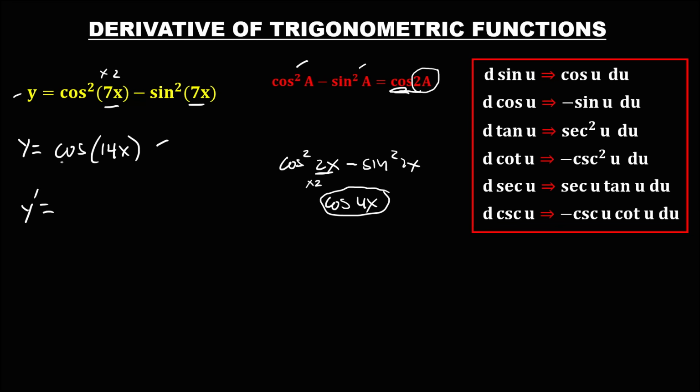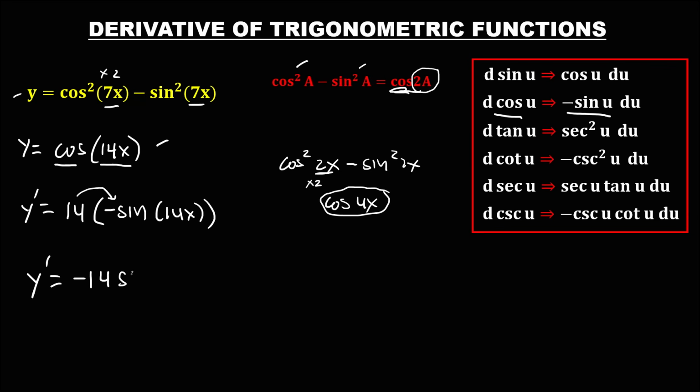So y prime equals the derivative of 14x, which is 14, then times the derivative of cosine, which is negative sine 14x. Then to simplify, multiply, so this is negative 14 sine 14x. So this is now the derivative.